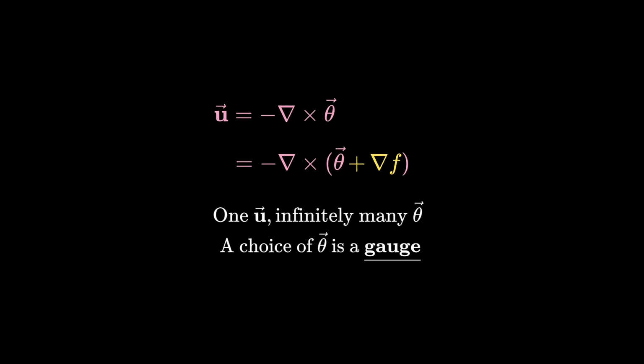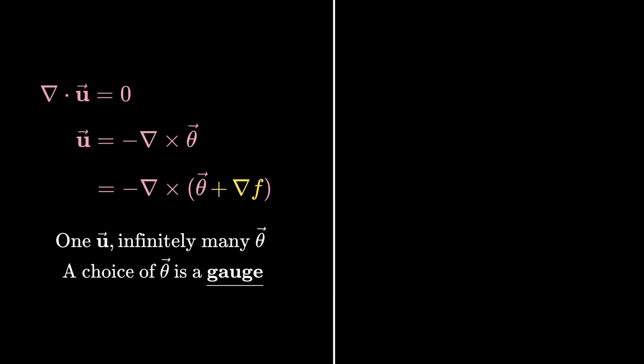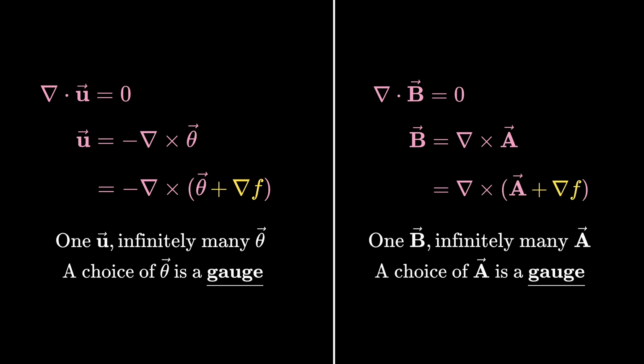For those who have studied electromagnetism, this concept might look familiar. One of Maxwell's equations states that the magnetic field is divergence-free, and so it also has a vector potential A. And again, the same thing happens where different A's describe the same magnetic field, and a particular choice of A is called a gauge.